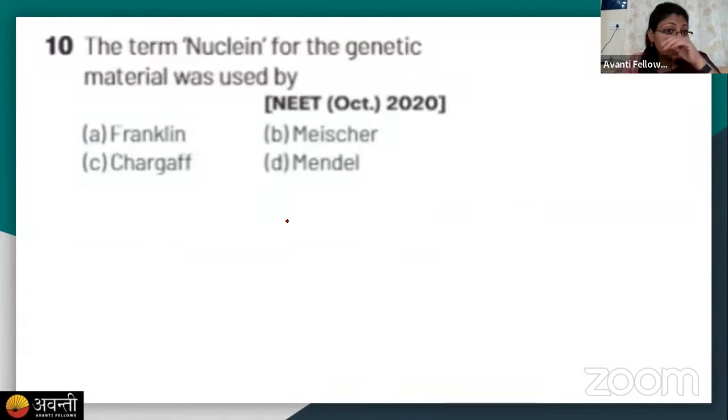Next question is, the term nuclein for the genetic material was used by. The term is nuclein. It was first used by which scientist? Your option A, Franklin, B, Miescher, C, Chargaff, and D, Mendel. So here is your poll. You have to give your answer in this poll. Again, 20 seconds has been given to you.